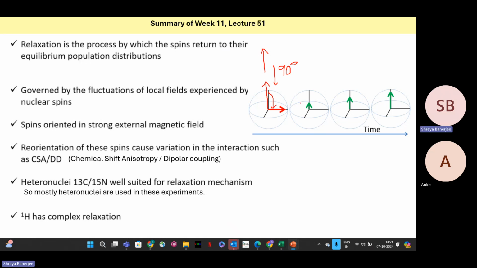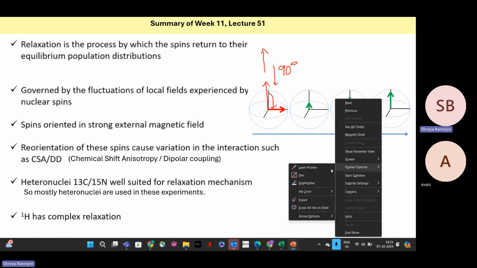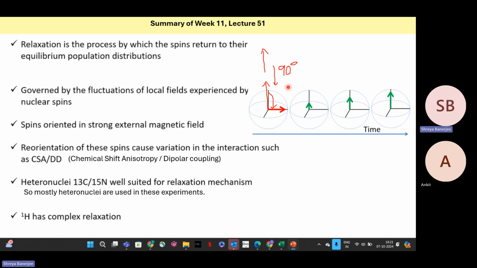Now, after the pulse is applied, you allow some time to go, and slowly again, the magnetization in the initial direction, that is the Z direction, is restored. So this process is called the relaxation process, whereby the spin is going back to its original direction, that is, the Z direction. This relaxation is governed by fluctuations of local fields experienced by the nuclear spin.